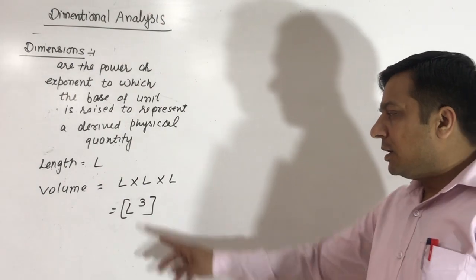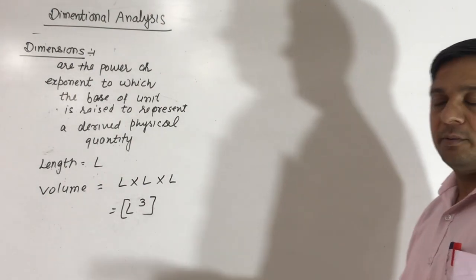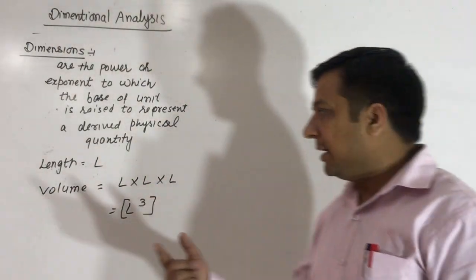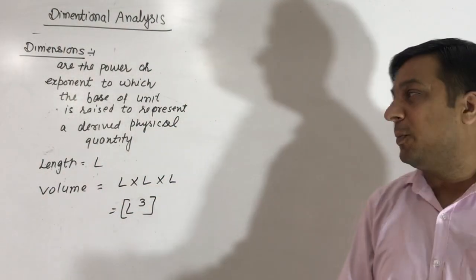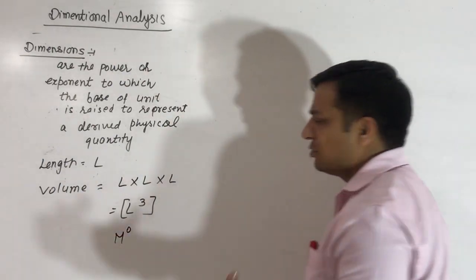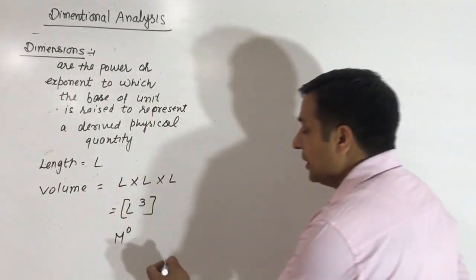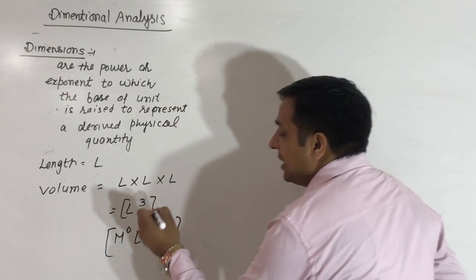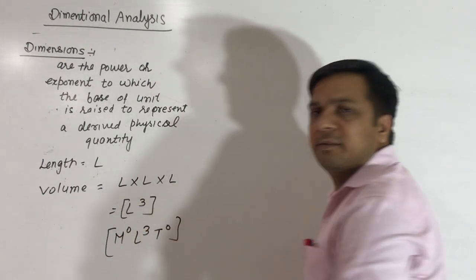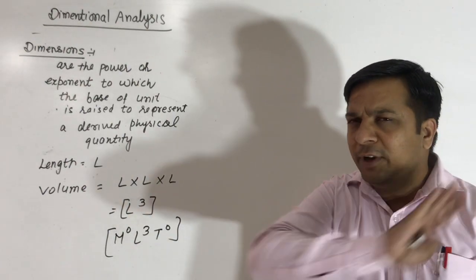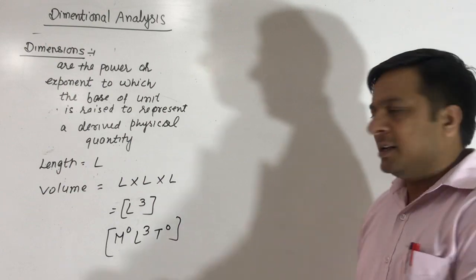Here we will write it, as I have told you earlier, in the form of M, L and T. Mass is 0 because mass has no value for volume. L 3, T 0. This is the dimension. Dimensions are the powers, meaning volume is in 3D, three dimensions.